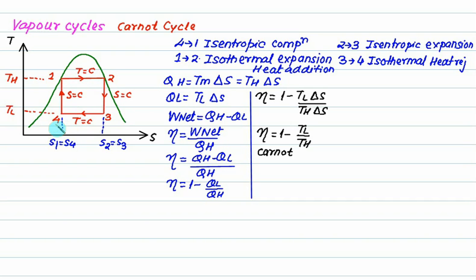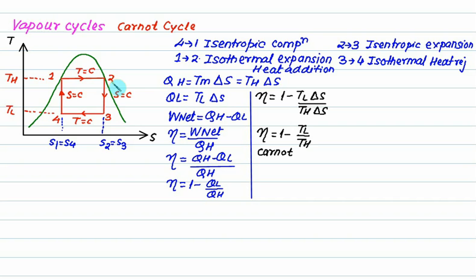The second thing is that 4 to 1 is an isentropic compression, and in this compression point number 4 is in a wet condition and number 1 is in saturated liquid condition. So we have particles of water as well as steam. This process is very difficult to carry out because water is present here, so you have to avoid this process.